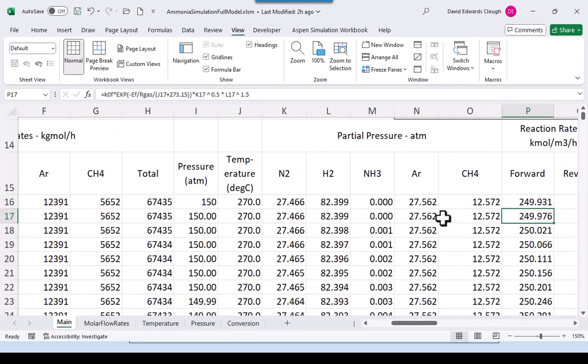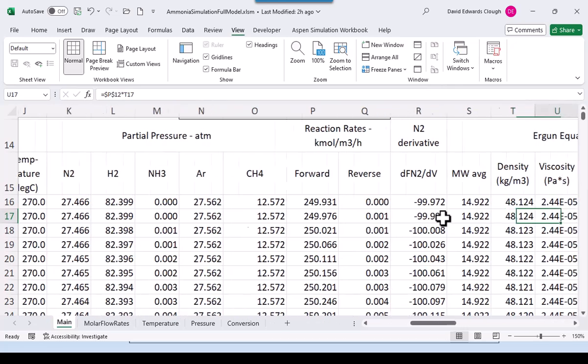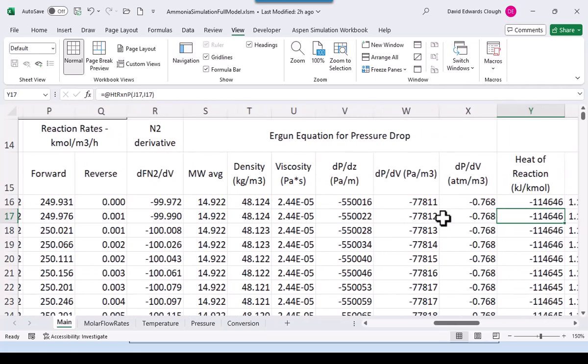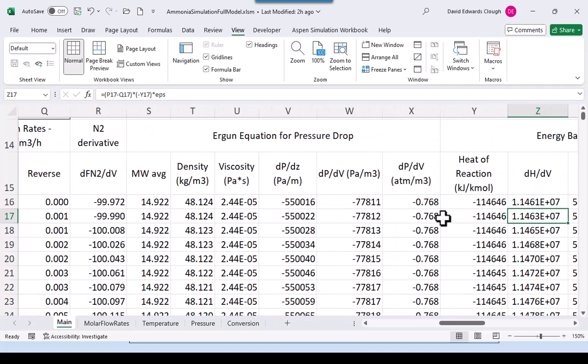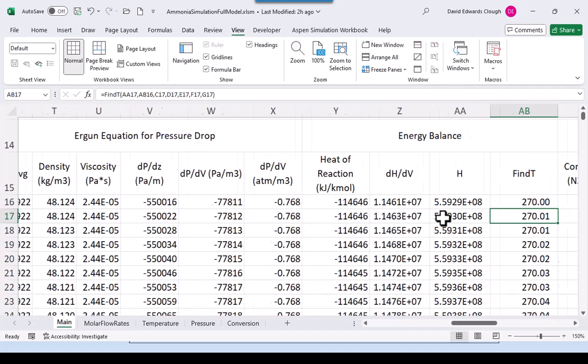The partial pressures are what we had before as the reaction rates and the derivative of the flow of nitrogen, and then we've got our calculations for the Ergun equation, which are the same as before. And then we've got here the derivative for enthalpy and the enthalpy, and that again uses the Euler method to move the enthalpy along.